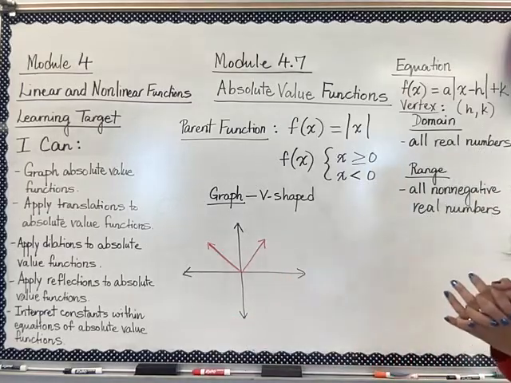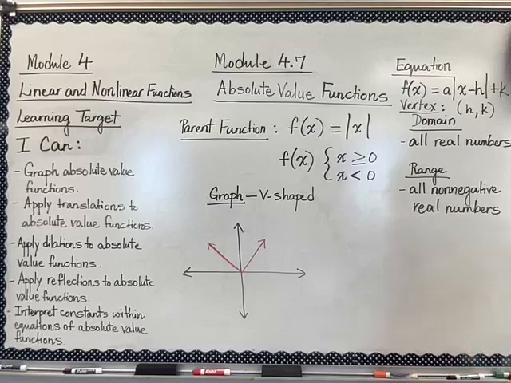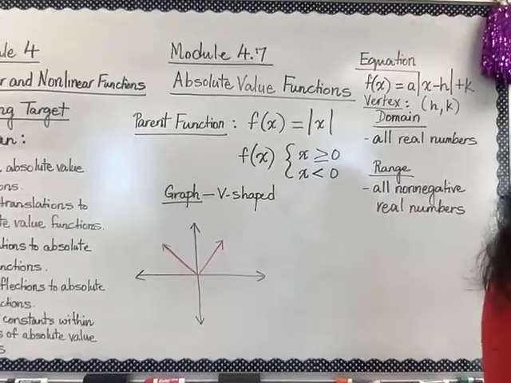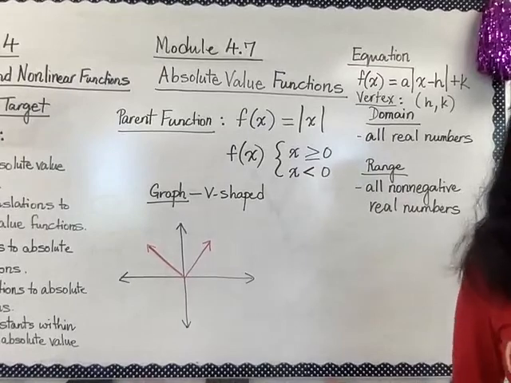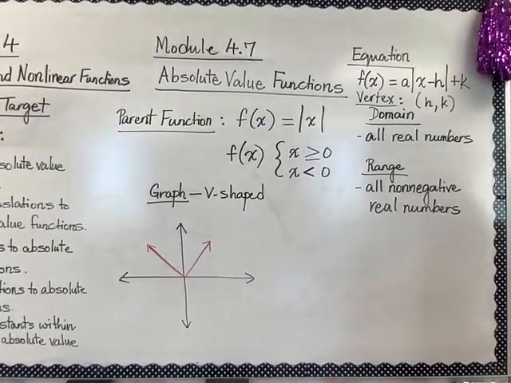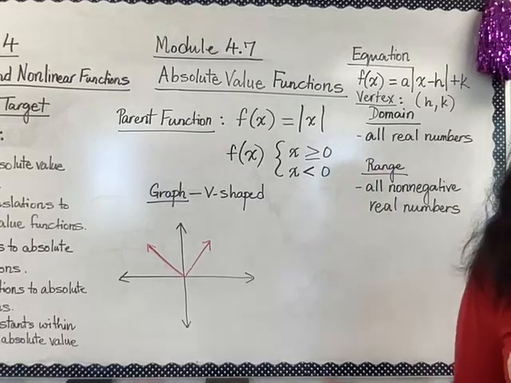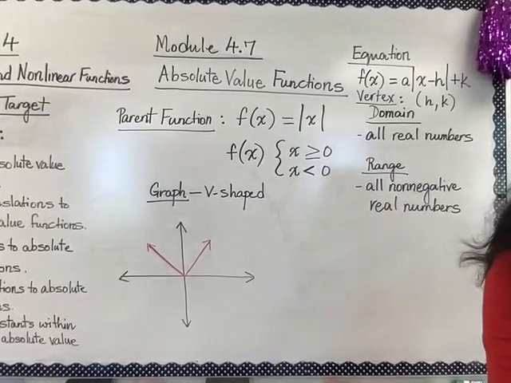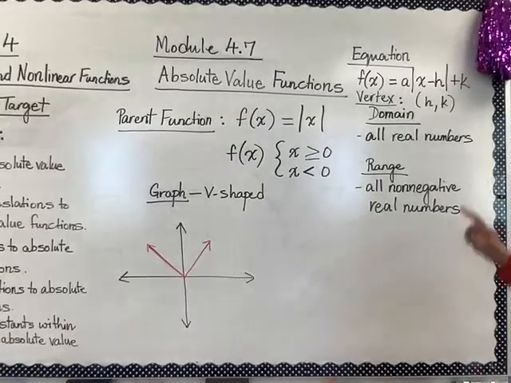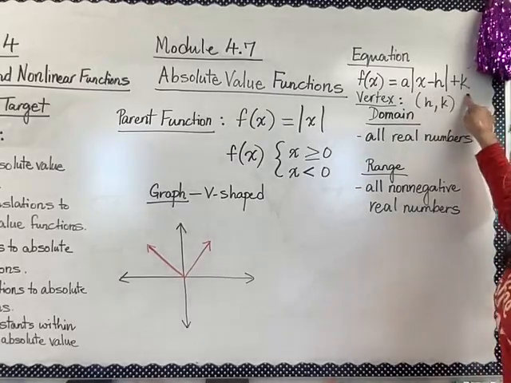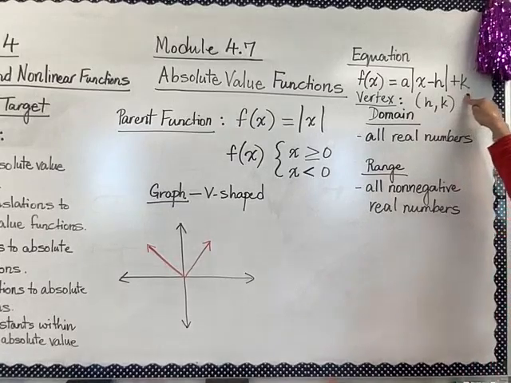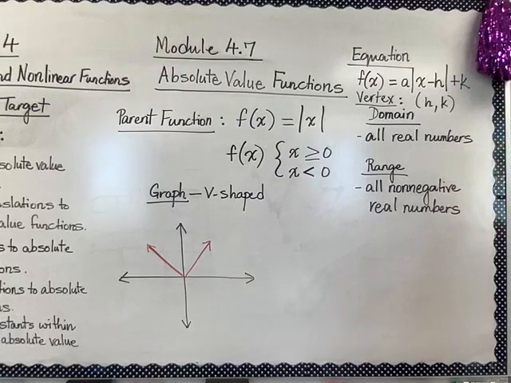Okay? So now let's look at the equation for absolute value. The equation for absolute value is f of x is equal to a absolute value of x minus h plus k, where a, h, and k are all constants, and f of x is greater than or equal to 0 for all values of x.